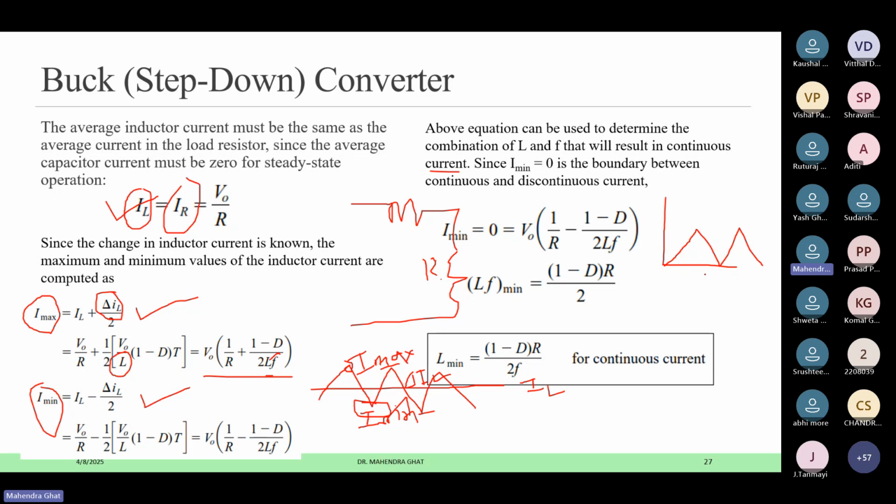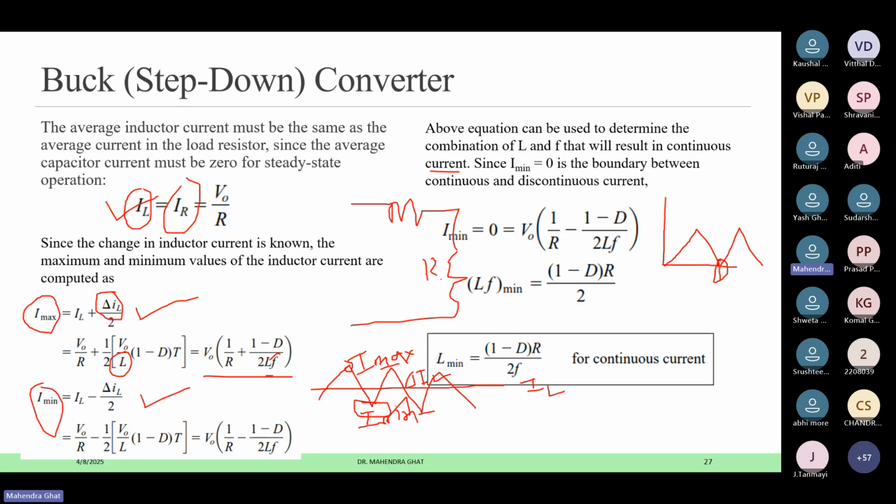So if I equate this to zero, that way I keep the L value such that it is just reaching zero, and it will give that critical value. But if I increase the L value above that, it will not reach zero because it is inversely proportional. For I minimum equal to zero, it is a critical conduction.